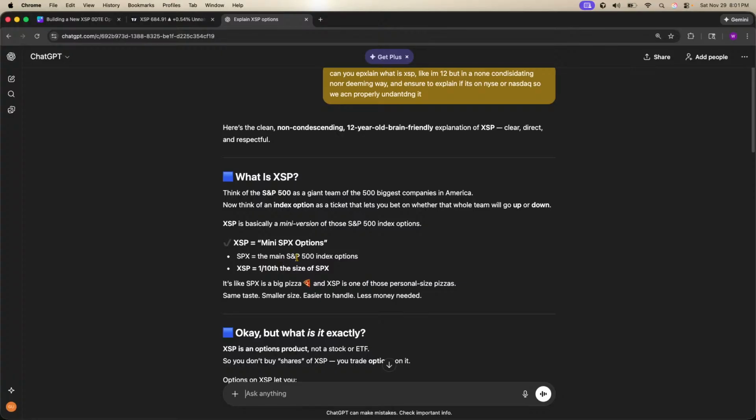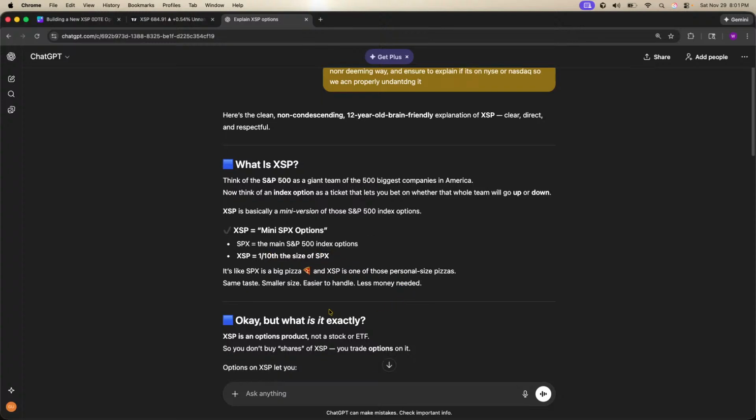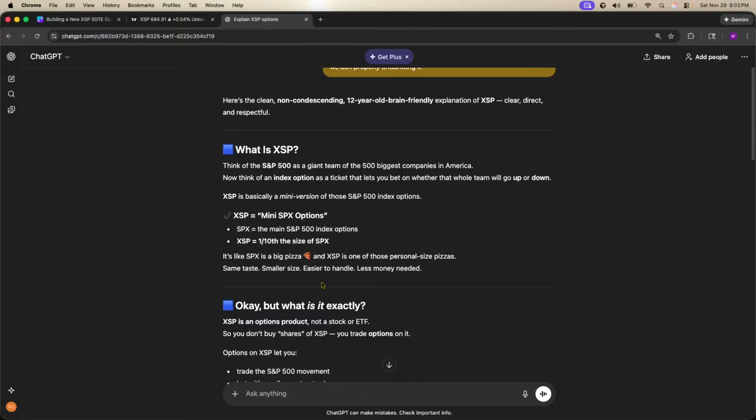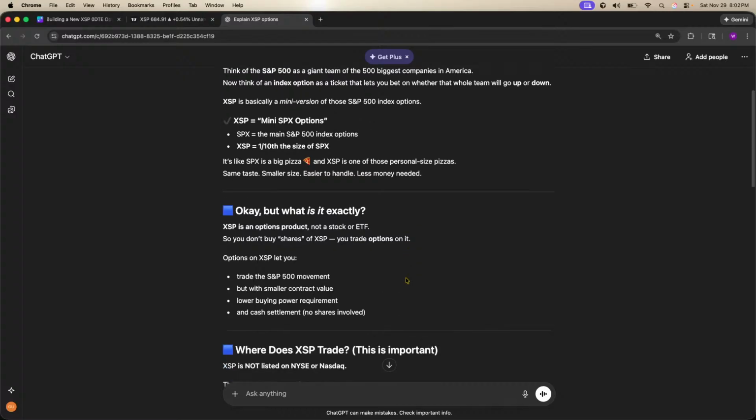SPX is the main S&P 500 index option. The XSP is 1/10 the size of the SPX. Think of SPX as a big pizza and XSP as one of the personal size pizzas, right? Same taste, smaller size, easier to handle, and less money needed.